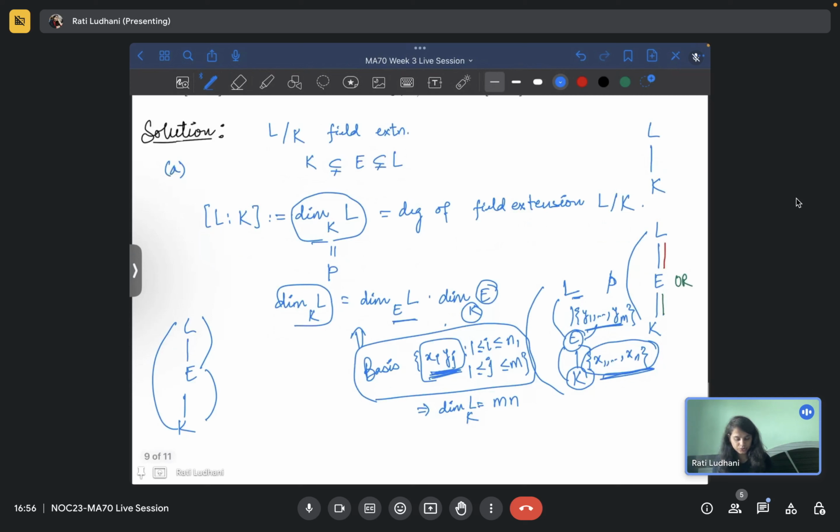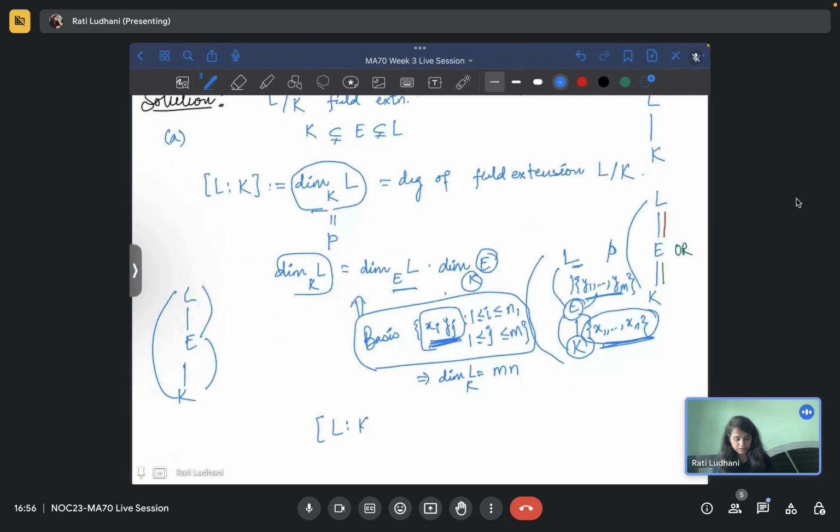So from this, what do you have? L over K in this notation is equal to L over E times E over K. Right?